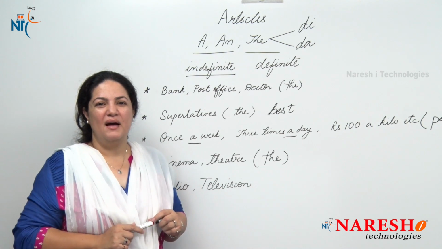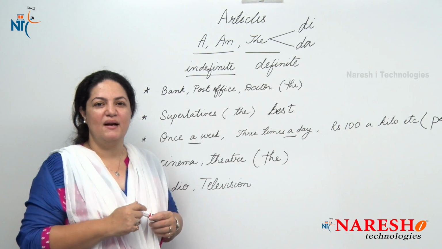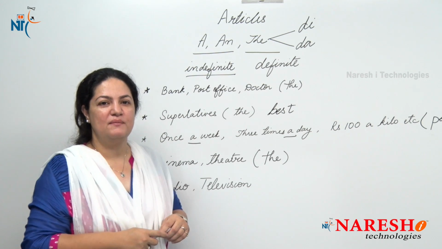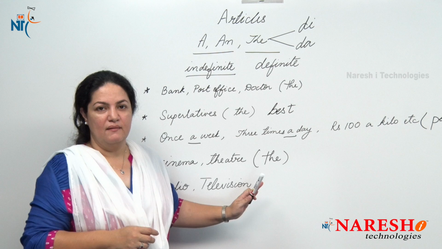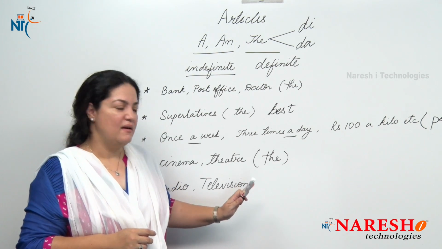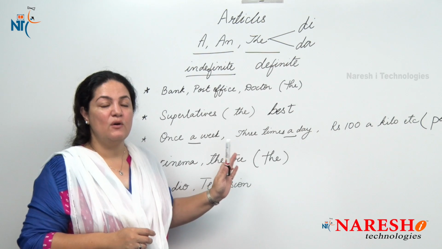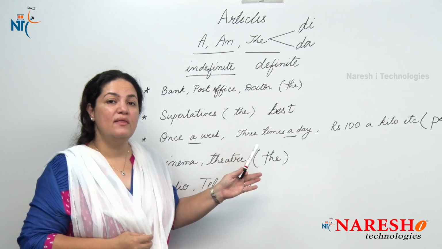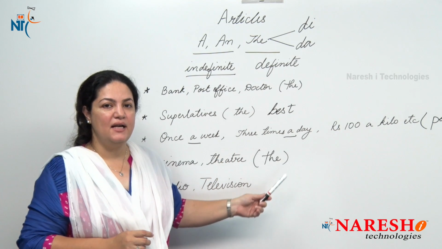Television. Now, how many of us watch television these days? I think very few, because we all have mobiles in our hands, we all have laptops in our hands. So for television, we are not always going to use the definite article the, but there is a rule which governs it. When we are talking about it as an equipment, we say, can you turn on the television? So you are talking about a specific television, so we say the television.